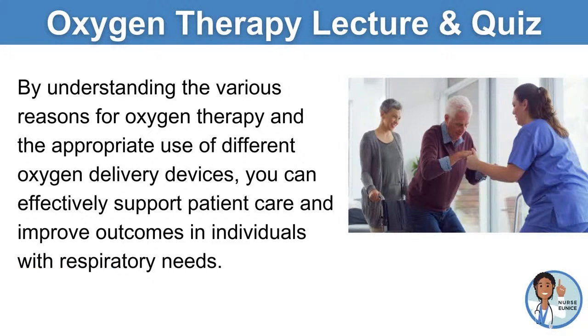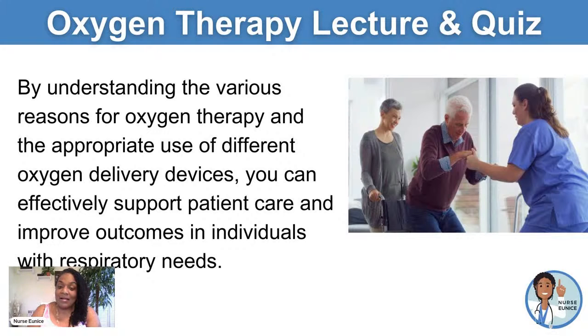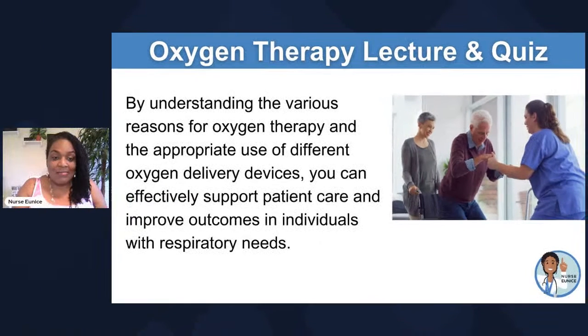All right, so by understanding the various reasons for oxygen therapy and the appropriate use of different oxygen delivery devices, you can effectively support patient care and improve outcomes in individuals with respiratory needs. And I love this image because patients are so eager to get out of the hospital. They start feeling better. If they've received oxygen in the hospital, especially for a prolonged length of time, they have to actually walk without desatting or desaturation, meaning that their levels drop.